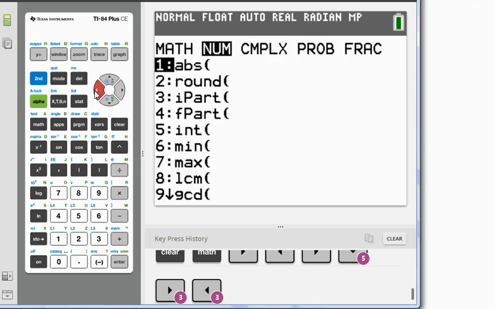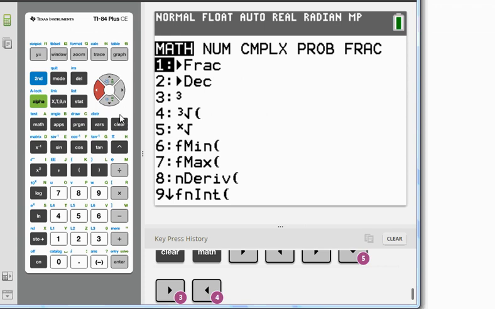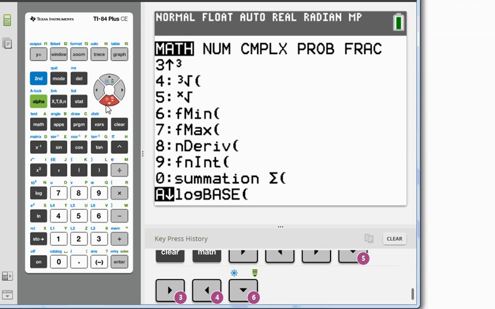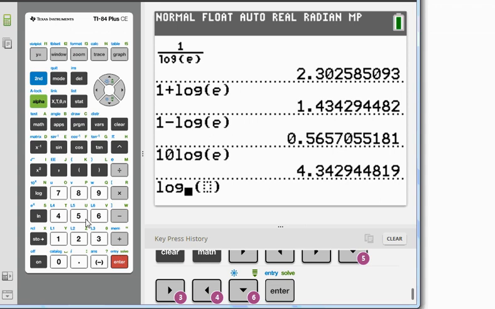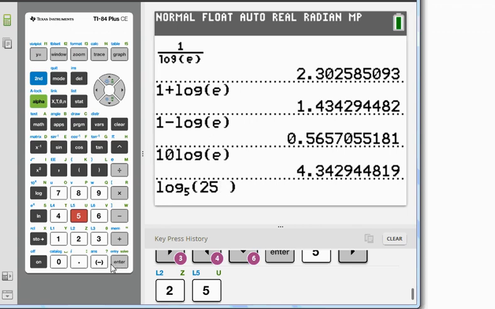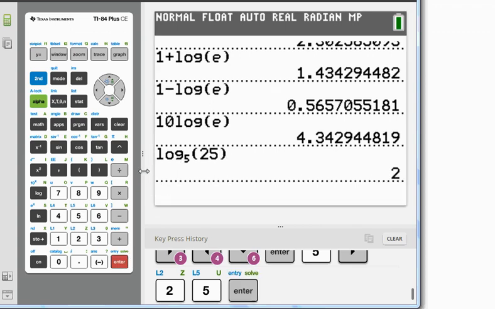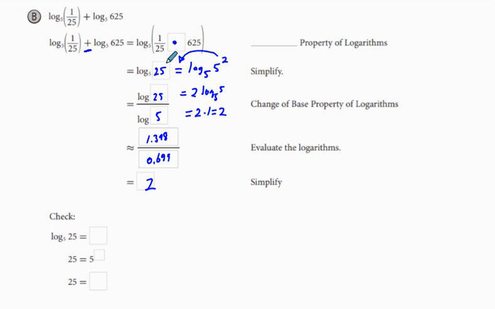I'm trying to look where that log base is. Yeah, it's going to be here. There it is, log base. So log base 5 of 25 is going to be equal to 2, and that's where you would find that. You can make those kinds of checks in your calculator. Okay, so 5 squared equals 25. Check.